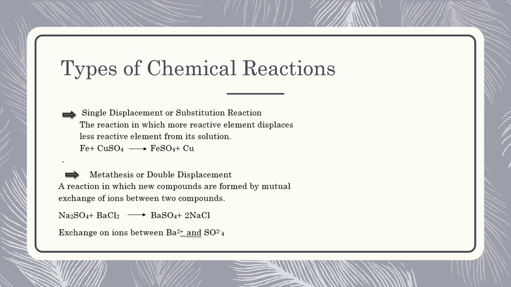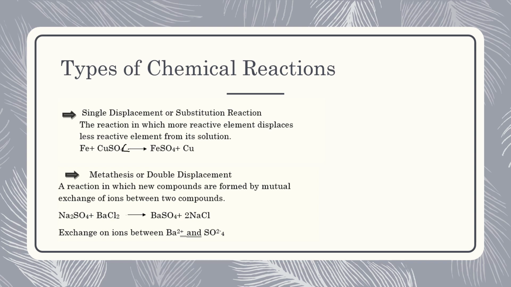The next type is single displacement or substitution reaction. So the reaction in which a more reactive element displaces a less reactive element from its solution. Displace is just separate. Displace literally means separate. So here we take an example of Fe, which is iron, plus CuSO4, which is copper sulfate solution.